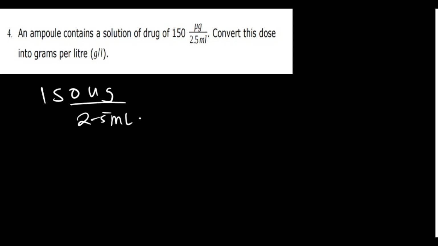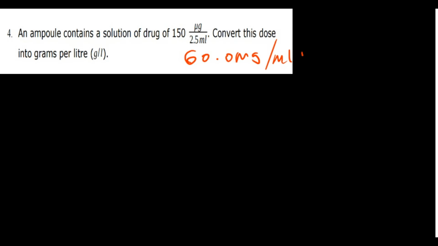So this is the same as just 60.0 microgram per mils. So we want to convert this 60 to what? Gram per liter. So we have 60.0 microgram per what? Per mils.